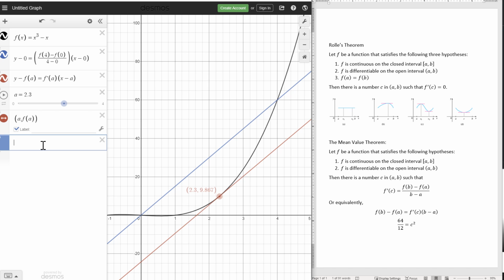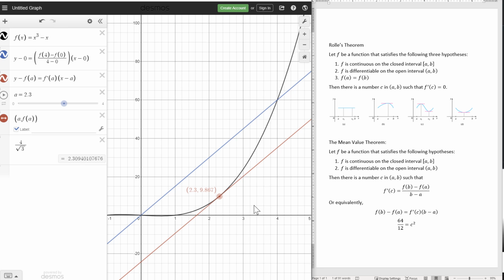Well, turns out that 4 divided by square root of 3 is equal to about 2.3094. So 2.3 is our estimate over here, and it looks like we got a pretty good number. And to get the exact number, it's 2.3094.